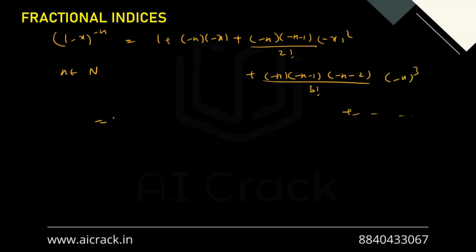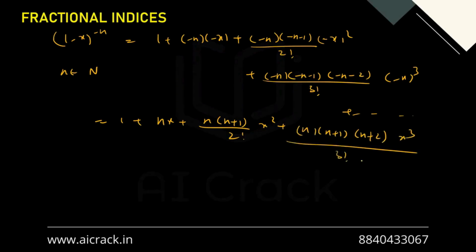Now we'll be getting 1 + nx + n(n + 1)/2! x^2 + n(n + 1)(n + 2)/3! x^3 and so on, right?